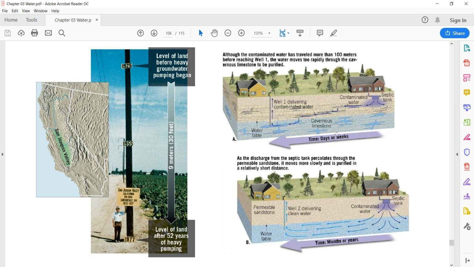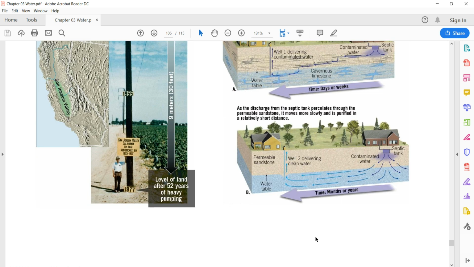So especially in the case of karst limestone, where you have large pores or large fractures, the water will quickly pass through this aquifer system, and in just a few weeks or few months, it will contaminate a very large area of landscape. On the other hand, if the aquifer system is not very permeable, then the water will flow relatively slowly, and it will take months and years to contaminate a large area of groundwater.